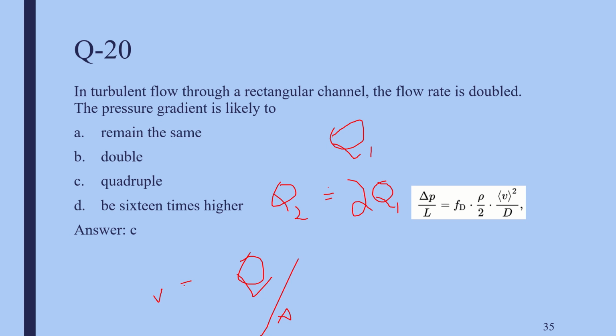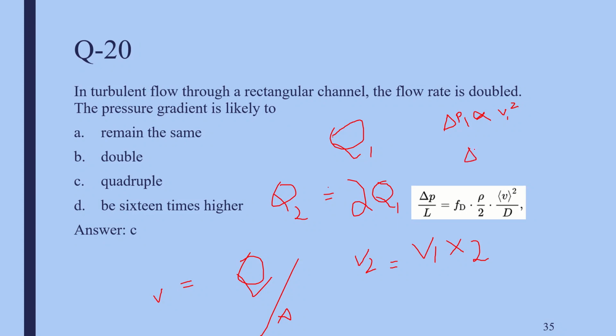Velocity is equal to volumetric flow rate by area, meter cube per second by meter square is meter per second. So V2 is V1 times 2. So flow rate is doubled, and the pressure gradient, if it is del P1, is approximately proportional to V1 square.